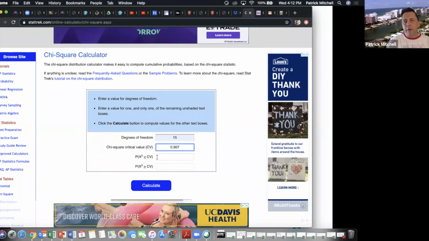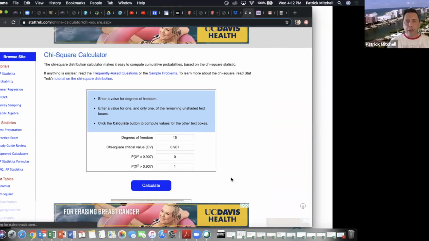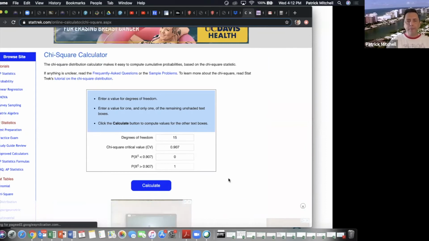And in this box right here, it's going to give me the probability that chi-square would be less than or equal to that value. And it turns out that that value is very, very close to 0, right? It's practically impossible that that would happen just by chance in a world where the standard deviation really is 7.5.